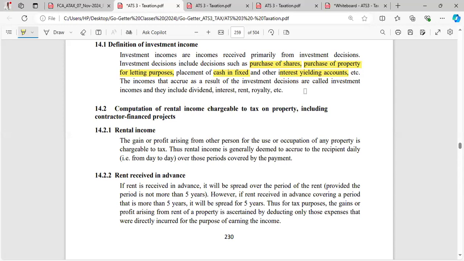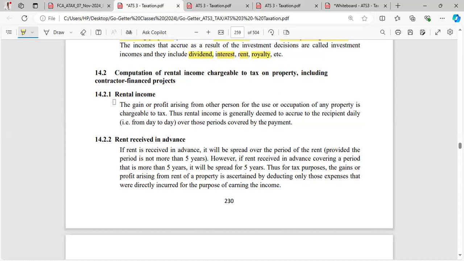Or you give out a loan to a company and the company pays you back the interest with the principal. So this is investment income. The incomes that accrue as a result of investment decisions are investment income. And there are four in number we will talk about: dividends, interest, rent, and royalty.